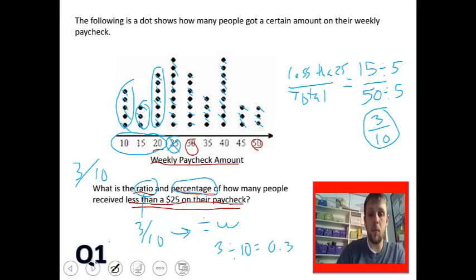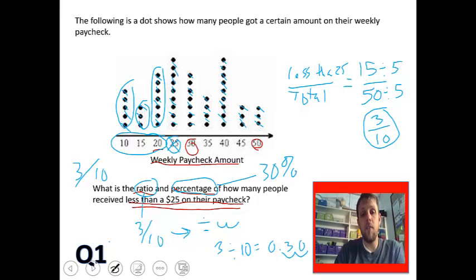Now that's a decimal. Remember, we want a percent. So we'd say that our percentage is 30%. So 30% of the students have less than 25 on their paycheck. 3/10 of the students have a paycheck that is less than 25.